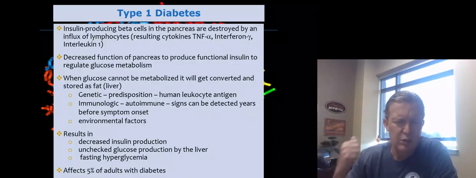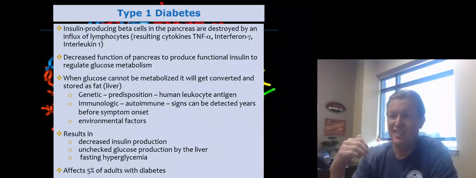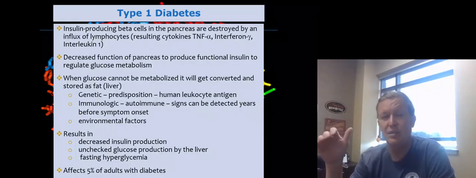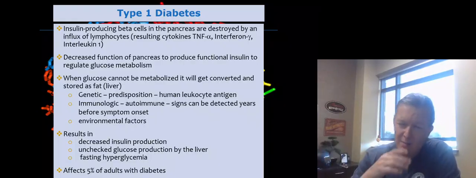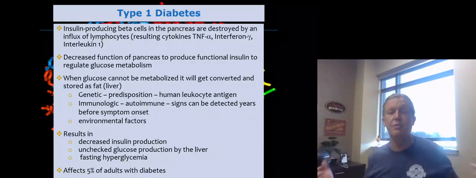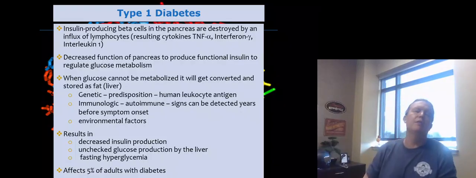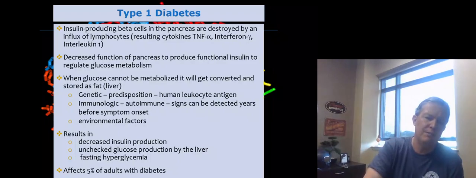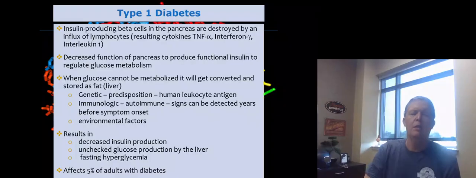That then results in decreased insulin production, unchecked glucose production by the liver because the cells are sensing the absence of insulin because it's not getting in. So in that case, or the absence of glucose, the liver says there's no glucose out there. We need to make it because insulin's not moving the glucose into the cells for the cells to be nourished, which produces the fasting hyperglycemia.